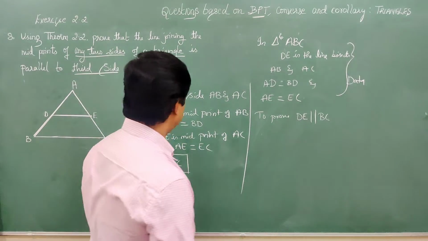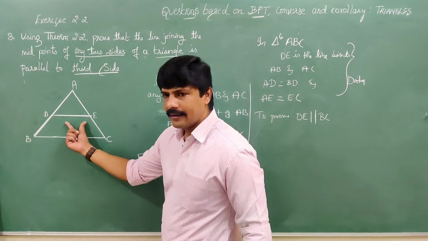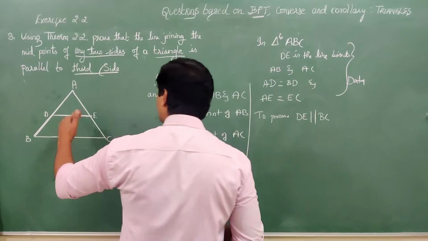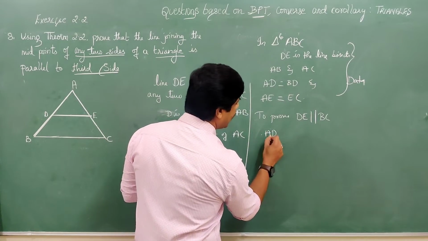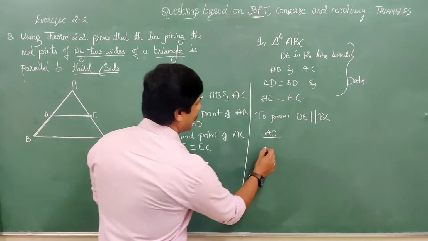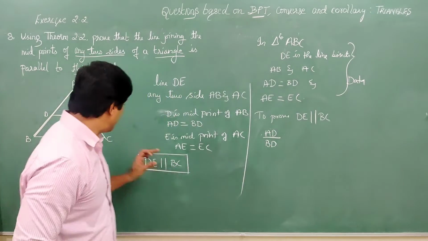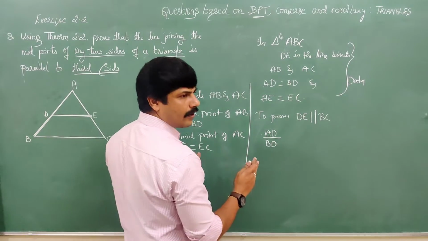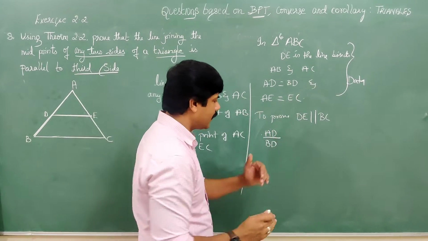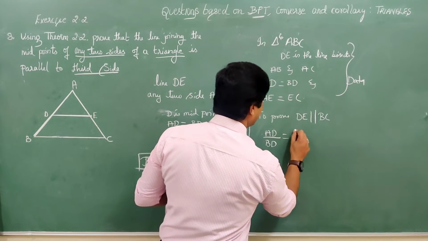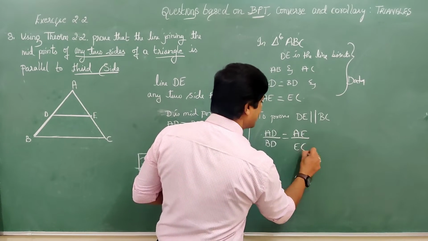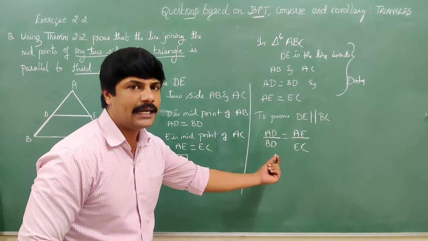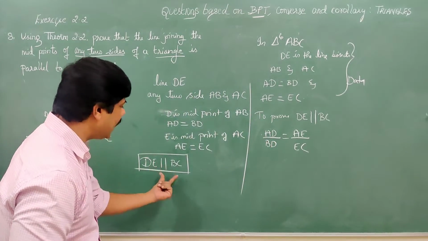If a line divides the other two sides in the equal ratio, that means AD by BD should be equal to AE by EC. This condition we need to apply. If we apply it, then we can prove that DE is parallel to BC.